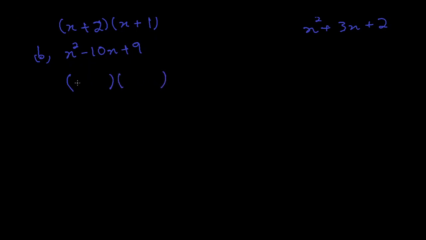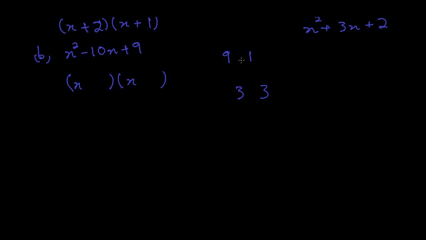Since my a is equal to 1, drop down x and x. Then you have to look for factors of 9 whereby, when you add or subtract, they give you a 10. Firstly, you can use 9 and 1. Also, there's 3 and 3. When you multiply 9 times 1, you get 9. When you multiply 3 times 3, you also get 9.